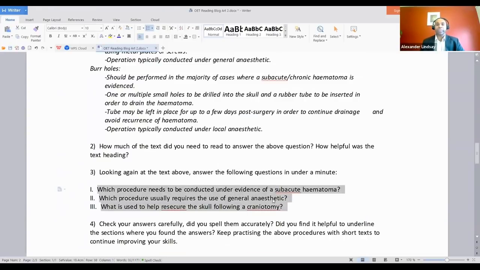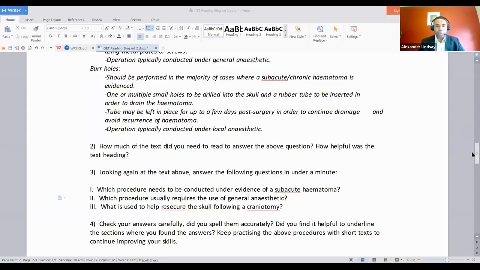So which procedure needs to be conducted under evidence of a subacute hematoma? So some in the chat here are saying, yeah, craniotomy. I've got burr hole as well. That's what Ritza is saying. Christine, craniotomy. Okay, so a little bit of disagreement on burr hole and craniotomy here.